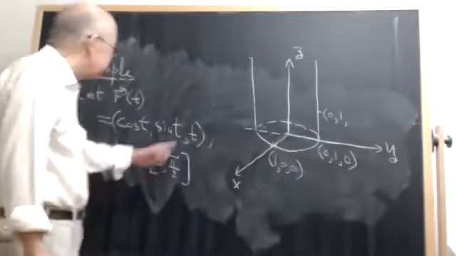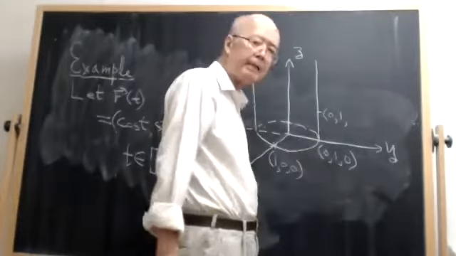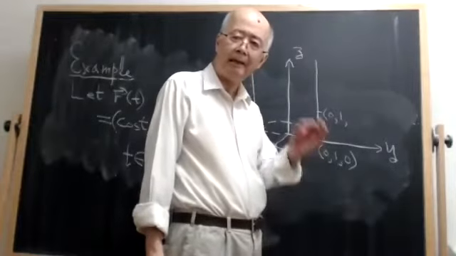And then t is pi by 2. And this point is a point in the helix.